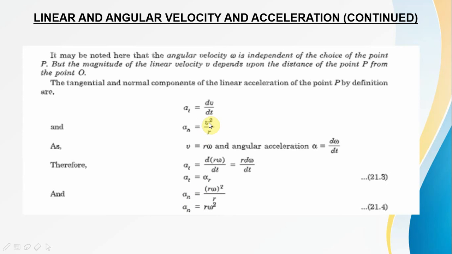So when we put v equal to r omega, we get an equal to r omega square. So remember these three formulas: one, v equal to r omega; second, at equal to alpha into r; and normal acceleration equal to r omega square. These three formulas are very important for our numericals, right?